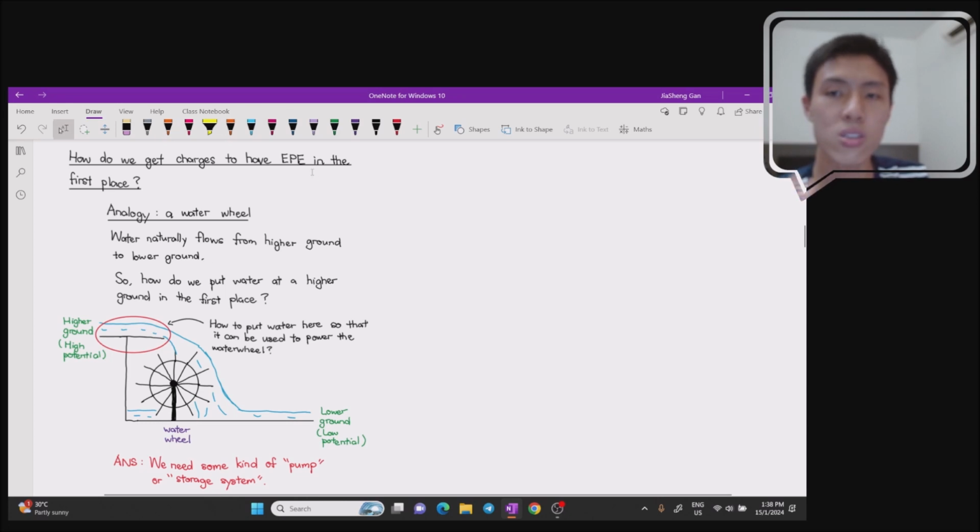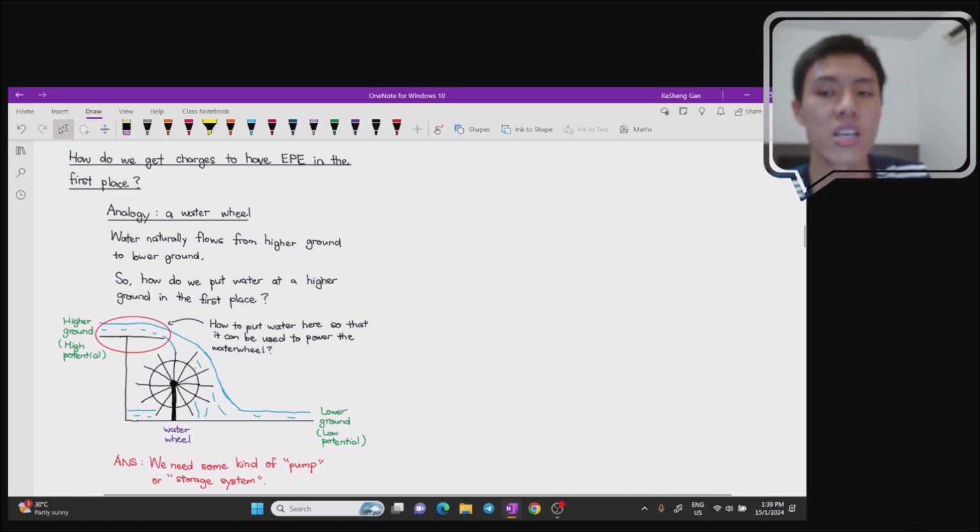So if you want it to have gravitational potential energy, you have to put the water at the higher ground in the first place, because higher ground means higher potential. If your water is at the higher ground, you have more gravitational potential energy, so that it can pass the energy to the water wheel for the water wheel to rotate.